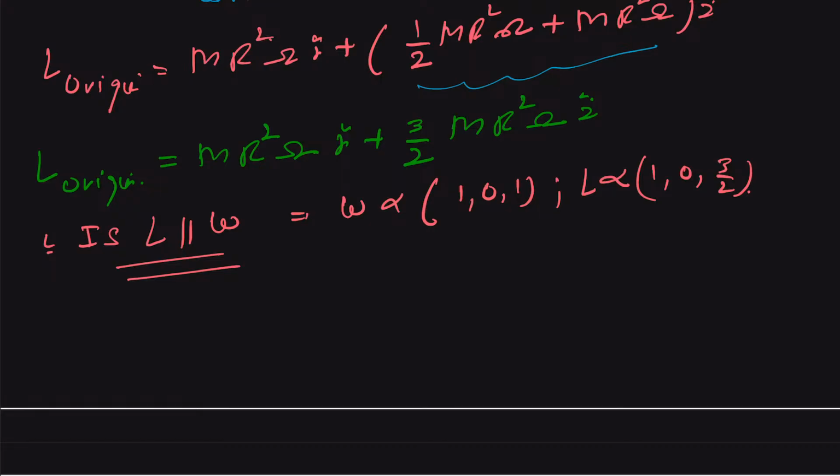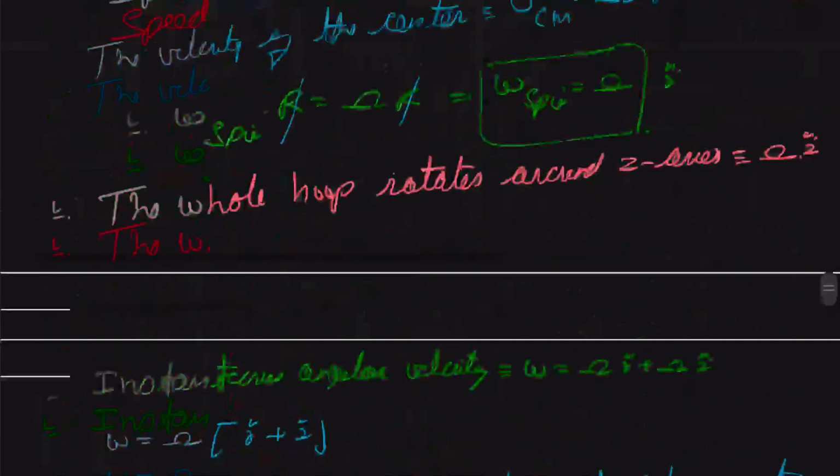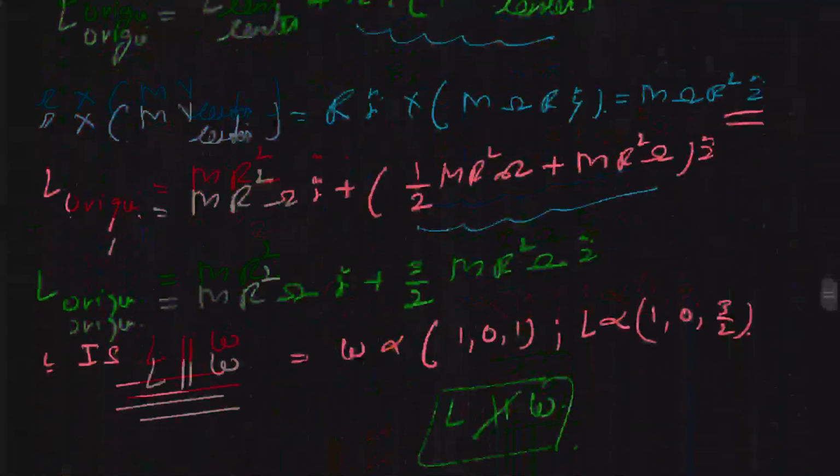From here we can say that they have different components. Therefore, L is not parallel to omega, since they have different directional components. So these were the two things, and we come to the next question.